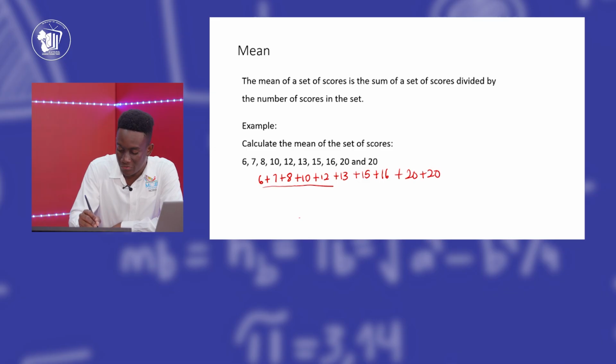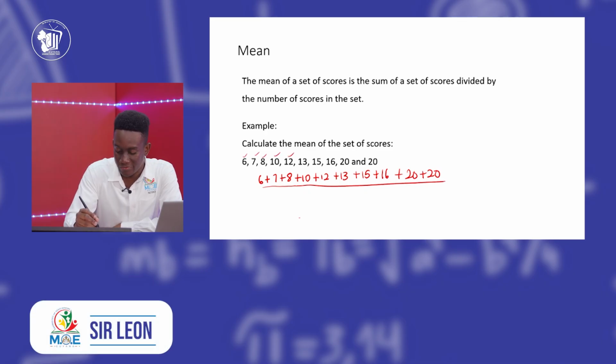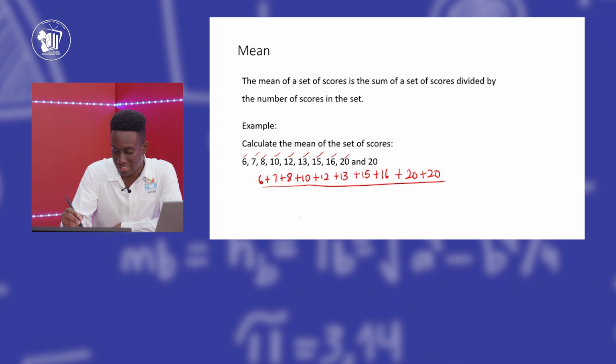Then all of this we divide by the number of scores that we have: 1, 2, 3, 4, 5, 6, 7, 8, 9, 10 numbers. So we divide the sum by 10.